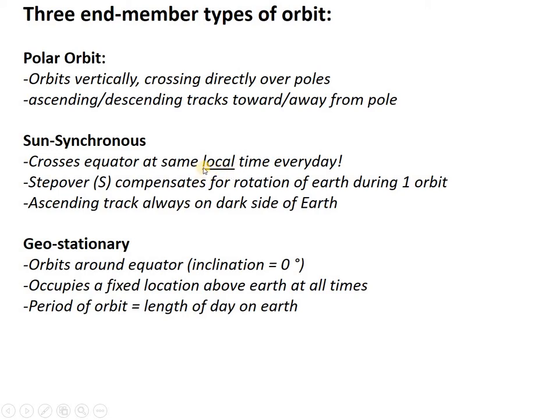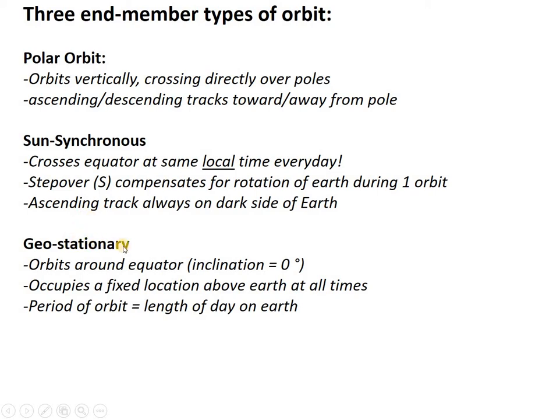So a way to think about that is, if it takes 90 minutes to go around, then the Earth in that time has rotated kind of 90 minutes worth of time zone underneath the satellite as it goes around. And this is incredibly powerful for imaging, as we'll see in a bit.